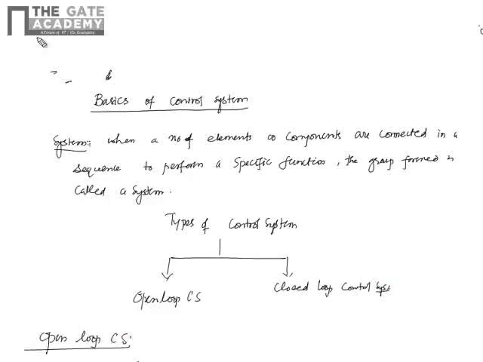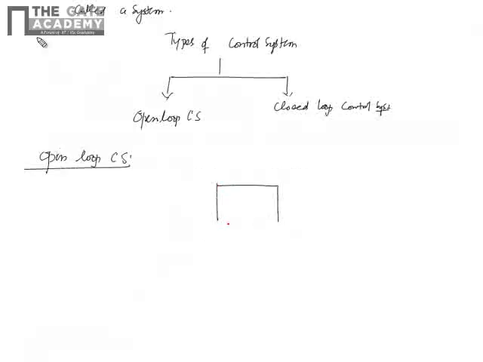So what is an open loop control system? The open loop control system means the output quantity has no effect upon the input quantity. For example, if you draw the diagrammatic form of open loop, this is output, this is input. That means the output has no effect on the input quantity.